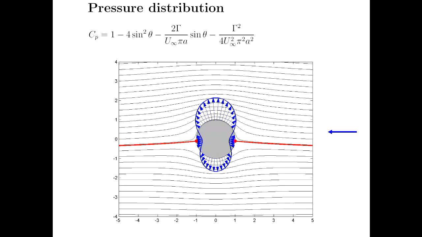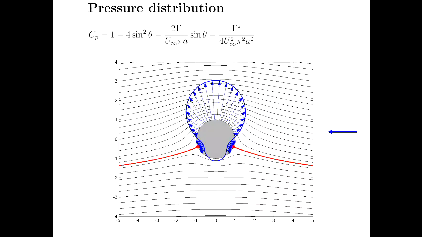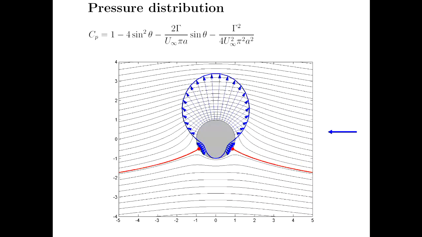But as I crank up my circulation, or as I increase gamma, you can see that the pressure coefficient at the top of my cylinder is very low compared to the bottom. So this difference in pressure coefficient at the top and bottom of my cylinder is going to generate lift. It's going to generate a net force, in this case a lift upwards.